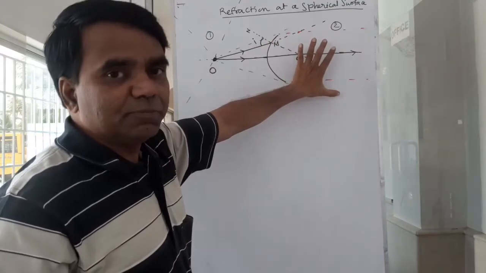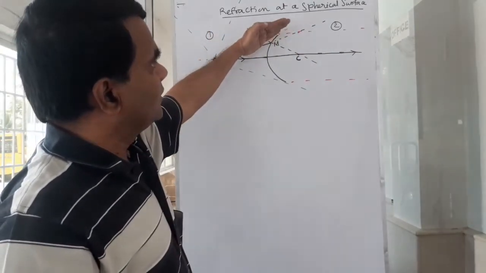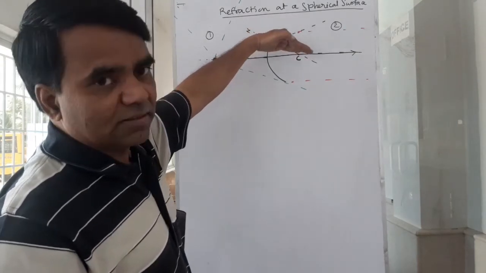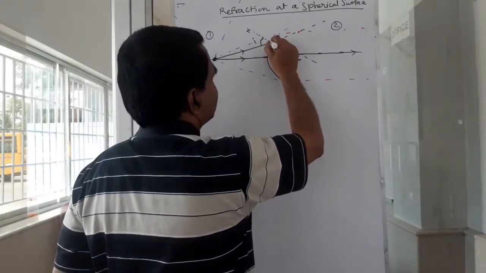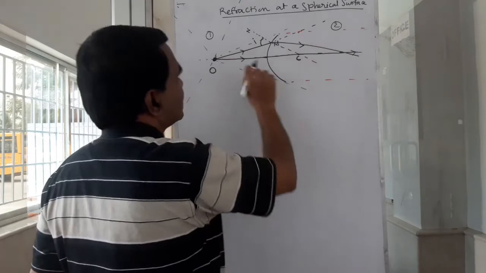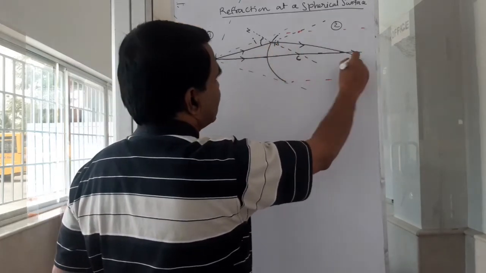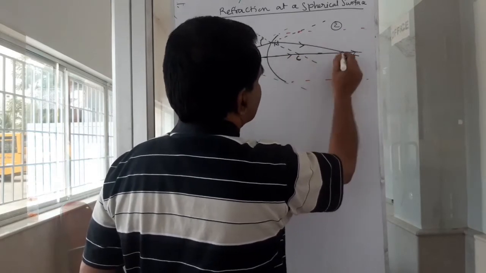Suppose this is optically denser than this medium, then this ray will bend towards the normal and then it will go like that. So this ray goes like that and this ray goes straight like this. And they meet here.